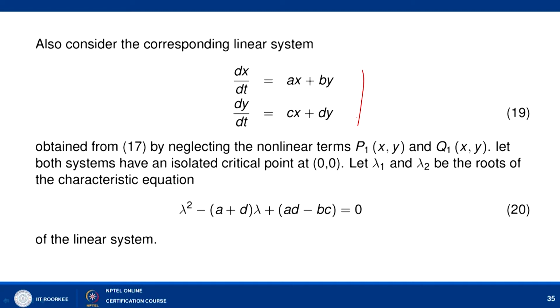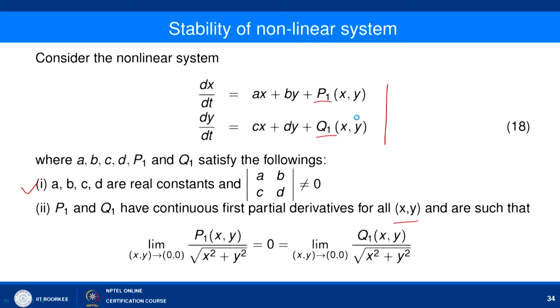What we want to conclude is that though it is a nonlinear system, the behavior of the critical point (0, 0) is very much similar to the behavior of the critical point of the corresponding linear system, as we have already pointed out.